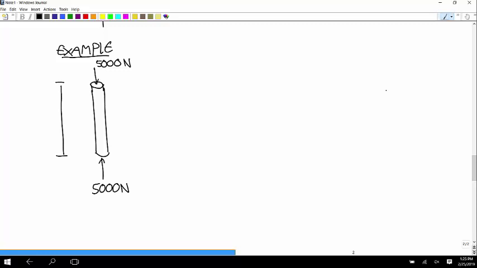And let's say that the length is 0.1 meters, and the radius of the face is 1 centimeter, 0.01 meters.